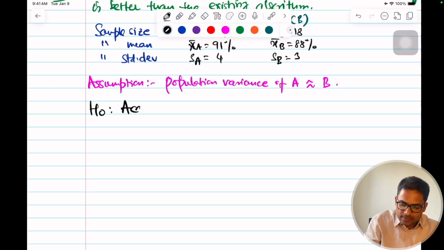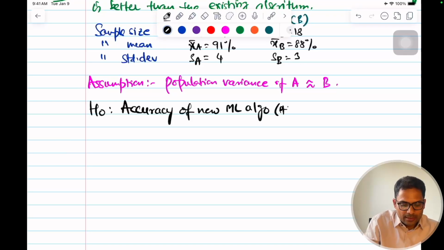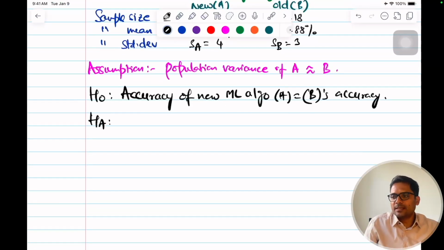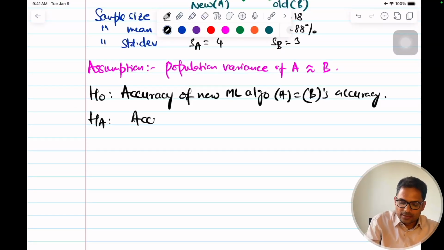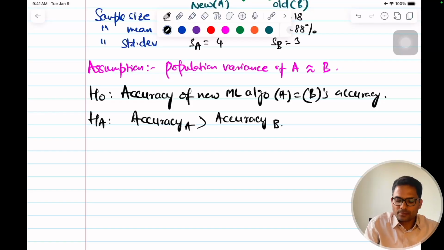But the alternate hypothesis says that the accuracy of A is greater than the accuracy of B. Since this is greater, this will be a right tail test.